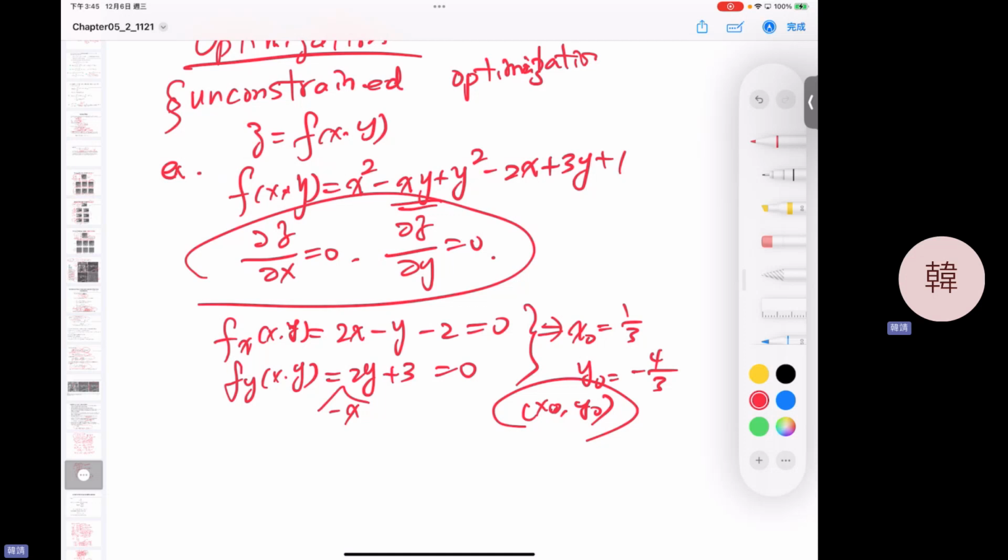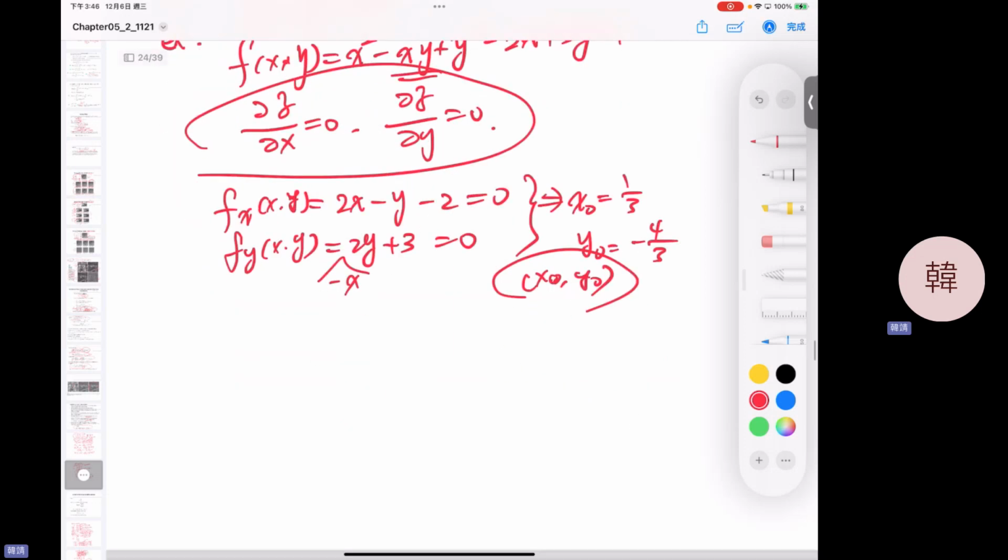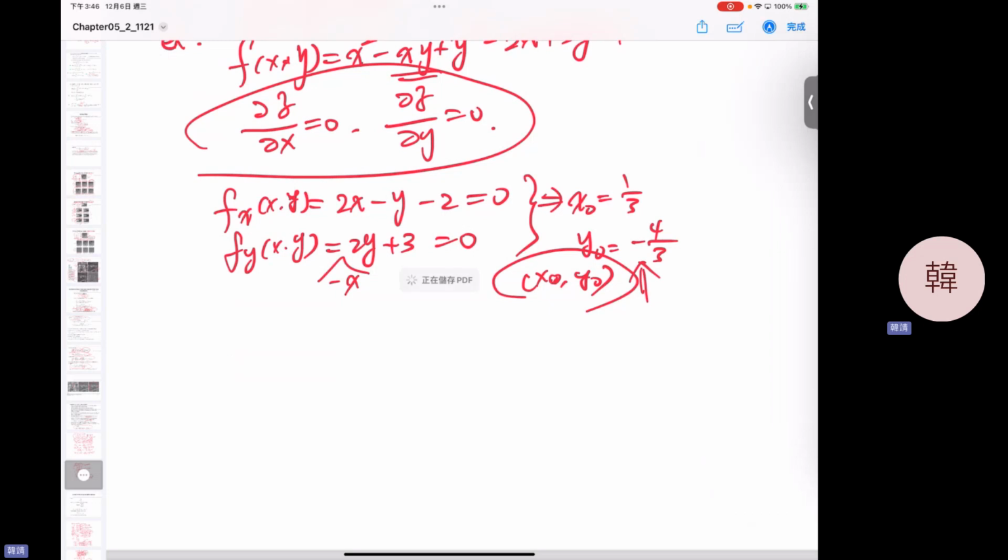So you can see whether the slope is getting larger or getting smaller, and you will see whether it is a minima value or a maxima value. Okay, so this is the optimal solution for this equation. We know there is an extreme point, but we don't know whether it is a maxima or minima. Anyway, let's calculate this one.